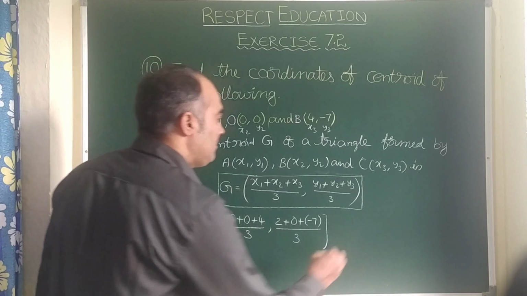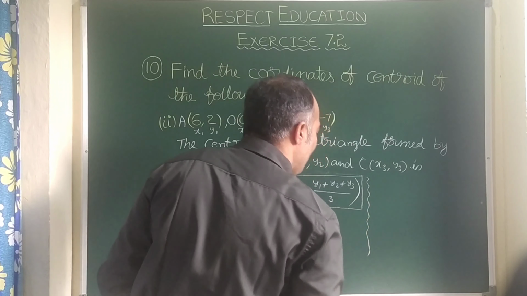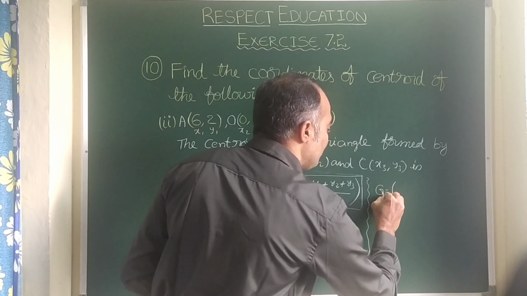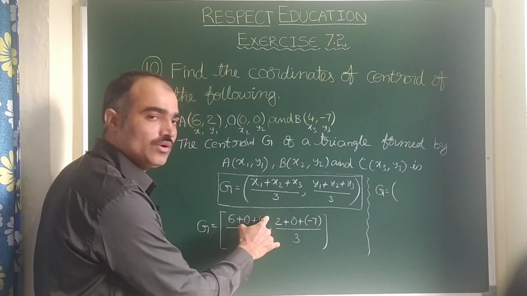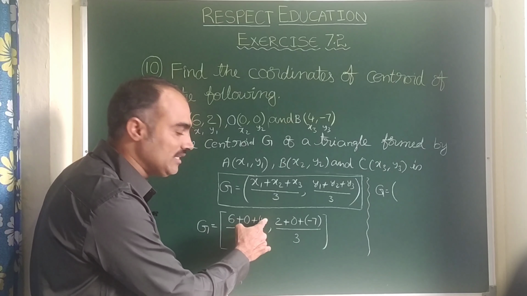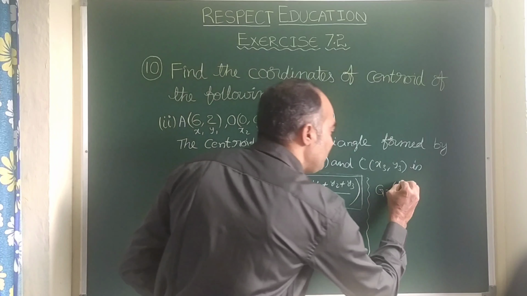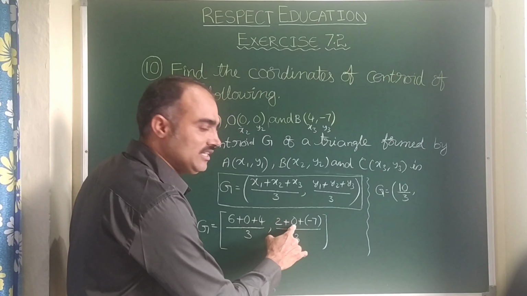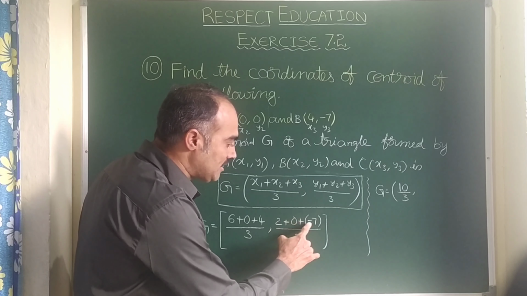On simplification we can write G as 6 plus 4 is 10. Actually here 6 plus 0 is 6, 6 plus 4 is 10. So this is 10 by 3 comma. Here 2 plus 0 is 2. Plus and minus is minus.